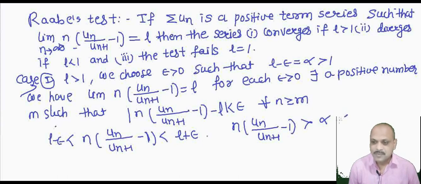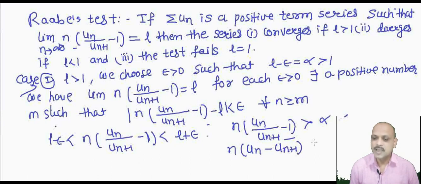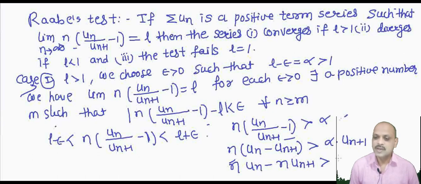Now let us multiply by un plus 1. So we get n into un minus n into un plus 1 is greater than alpha into un plus 1.